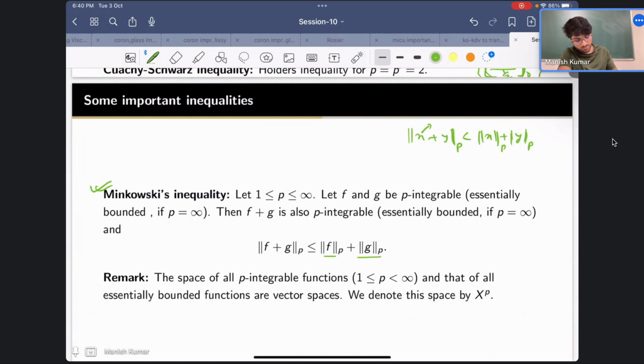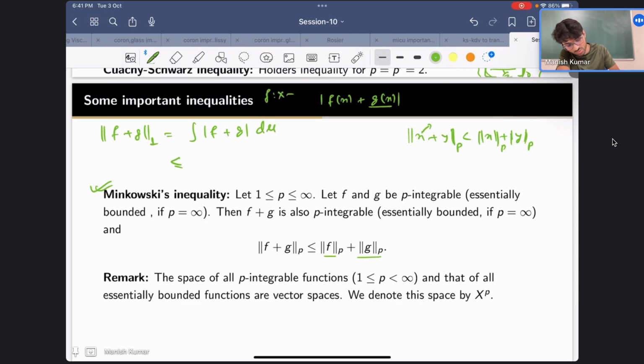For p equal to 1 you can easily prove this. The norm of f plus g, for p equal to 1, is the integral of mod of f plus g with respect to d mu. The function f is defined from X to R, so f of x and g of x are real numbers, and you can use the triangle inequality here.